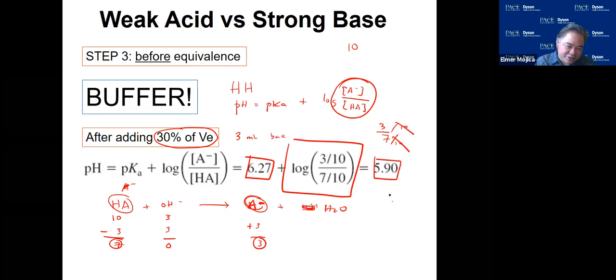Now the question, does this value make sense? Anyone? So when you added 3 ml of the base, all of them are used up. There's no excess of the base.